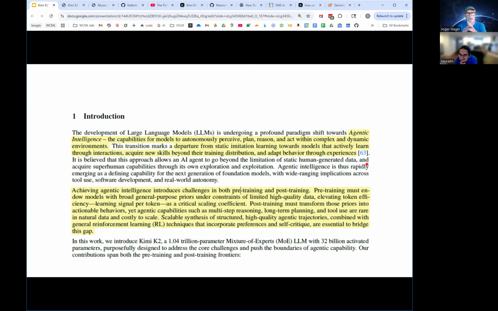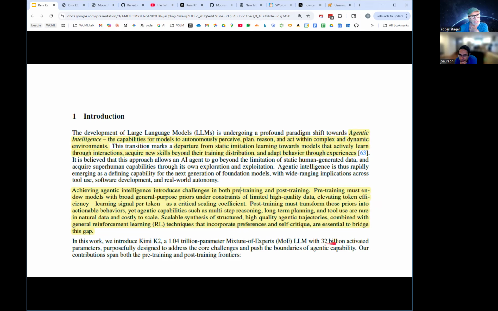That kind of caught my attention. They also made the point that there is a limited amount of data that they can use for these types of agent interactions.